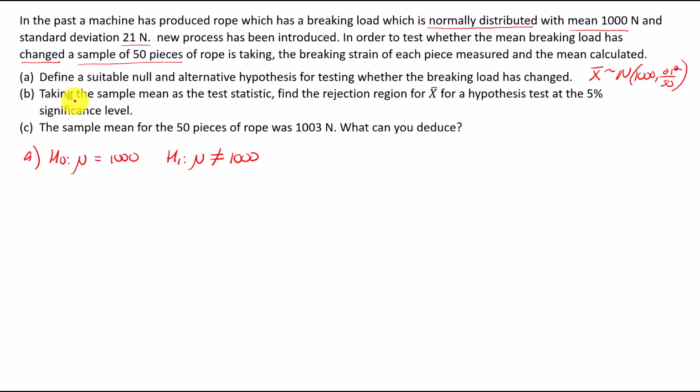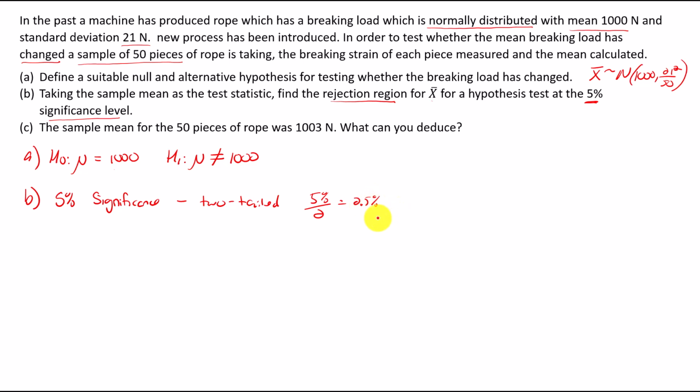Now, on part B, taking the sample mean as the test statistic, find the rejection region for the sample means for a hypothesis test at 5% significance level. So if we have 5% significance, but it's a two-tailed test, then remember I have to do 5% divided by 2, which gives me 2.5%.